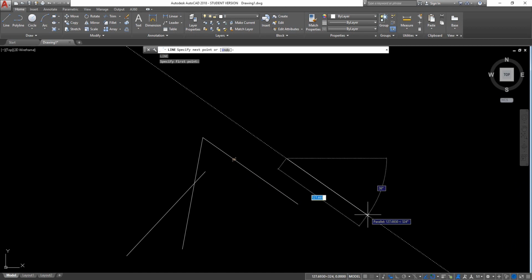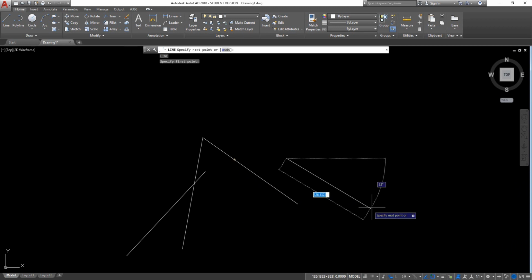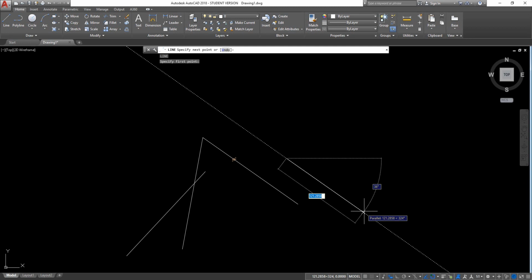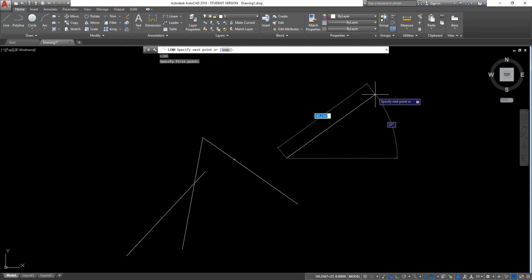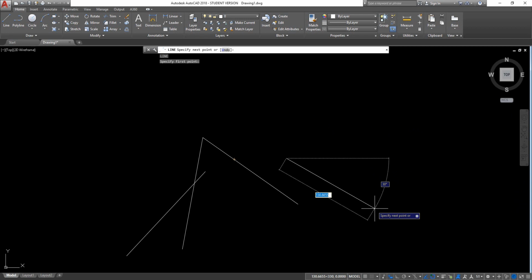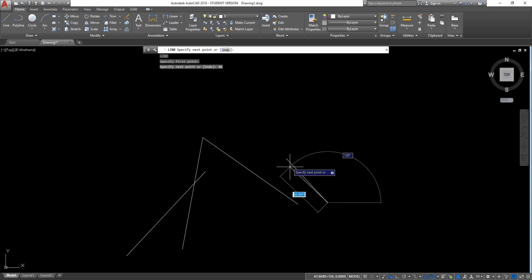So the position of the crosshair defines the sign of the angle. For example, if you draw a line here, or here better, of 79 units with an angle of 48, the line is drawn in the fourth relative quadrant.